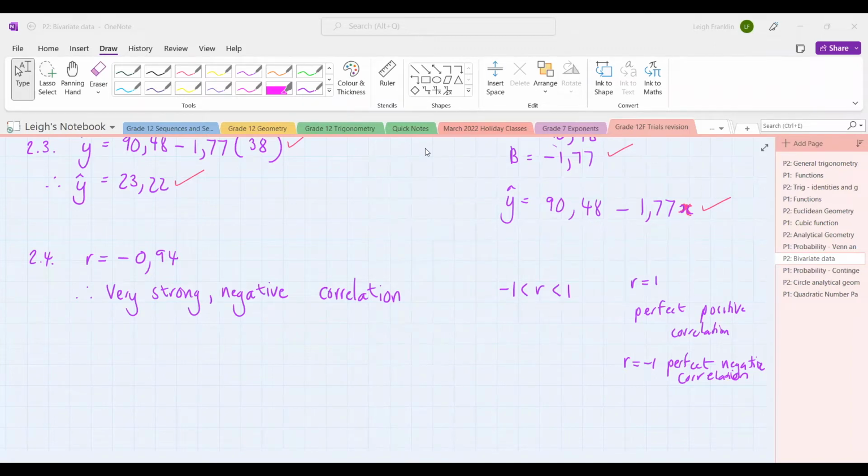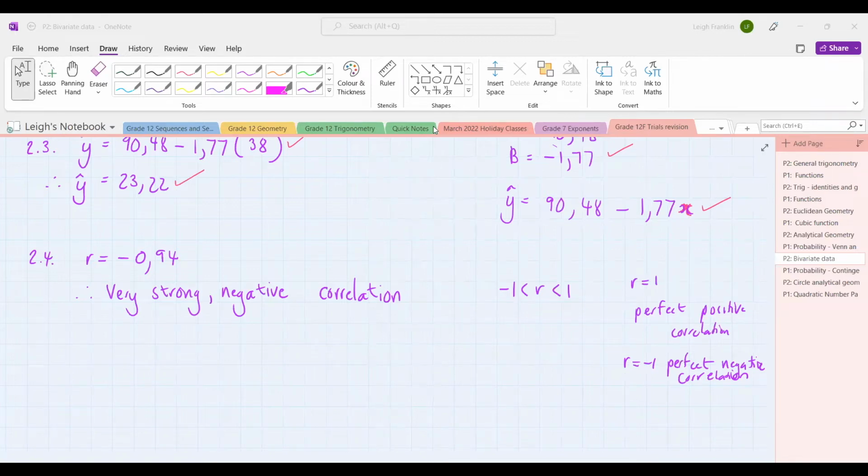So if there's a correlation coefficient of 0, it means that there is no relationship between X and Y. For example, if I decided to measure the size of your foot compared to your IQ, there's no correlation between how intelligent people are and how big their feet are. So we wouldn't be able to use that in a meaningful way because there's no relationship between the two variables. But in this situation, because it's very close to -1, it means that there is a very strong relationship. So it's very strong if it's close to 1 or -1.